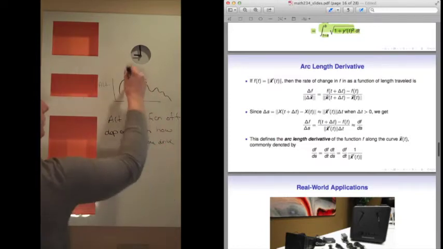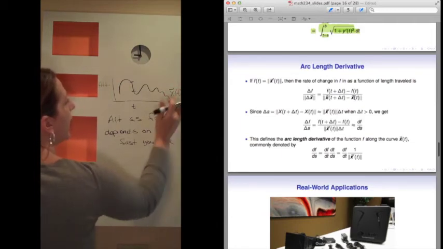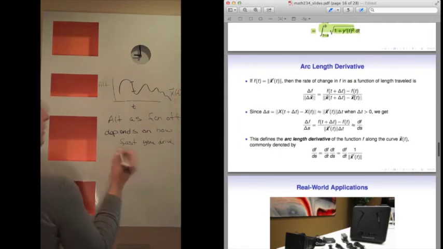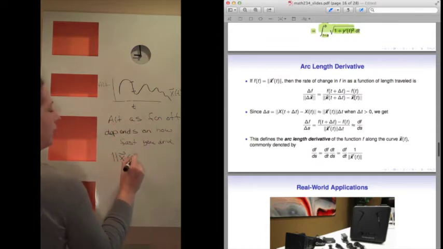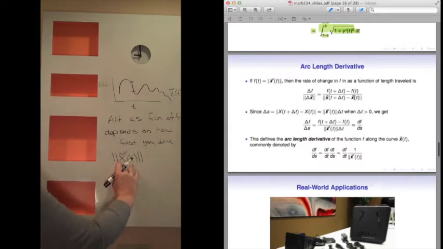Right? So if this curve here is my x of t curve, altitude as a function of time depends on the magnitude of my velocity.